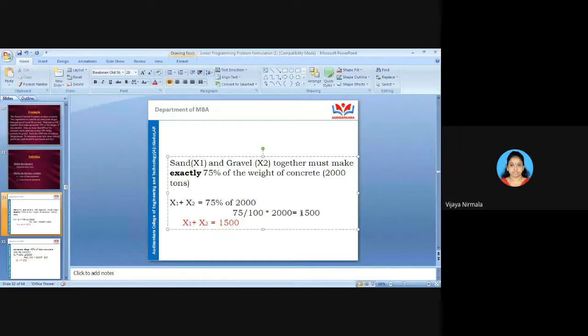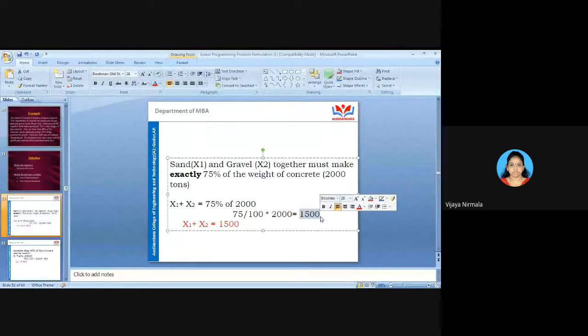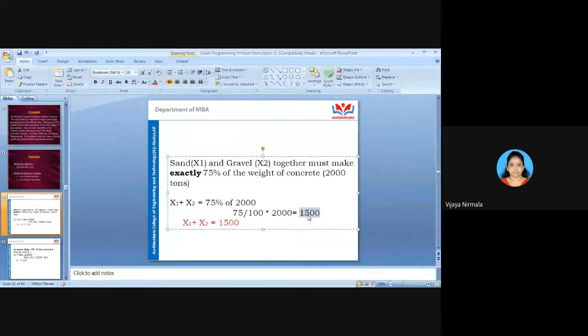So what is the answer that we get? Are everybody ready with your calculators? So 75 divided by 100 into 2000. The answer is 1500.